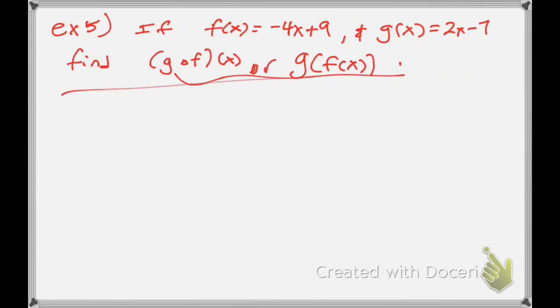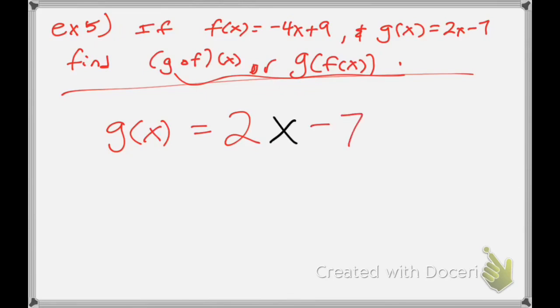So again, to solve this, I'm going to start with g of x. g of x is equal to 2x minus 7. Now my substitution is occurring with f of x. I'm going to take f of x and plug it in for x right there. So my f of x is that -4x plus 9.